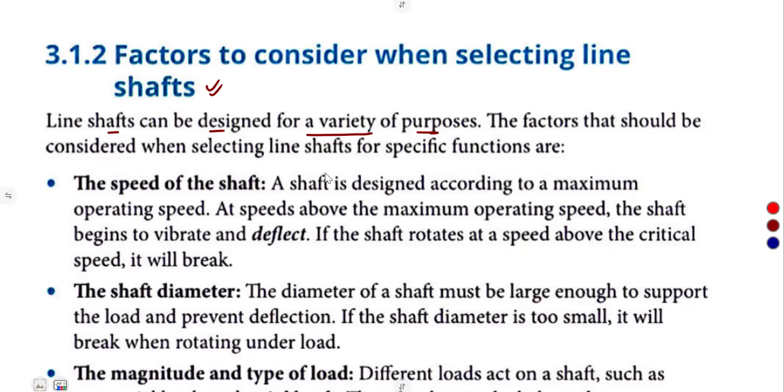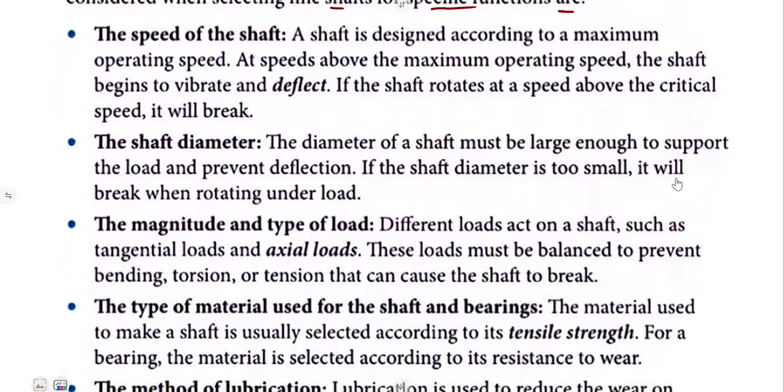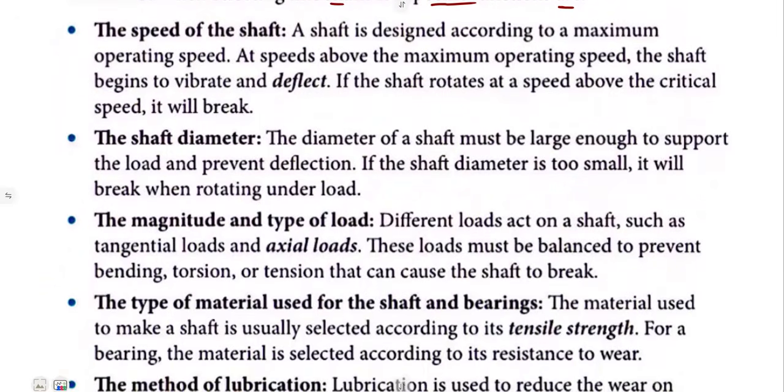The factors that should be considered when selecting line shafts for specific functions are, number one, the speed of the shaft. Very important for you to note that, because a shaft is designed according to a maximum operating speed.